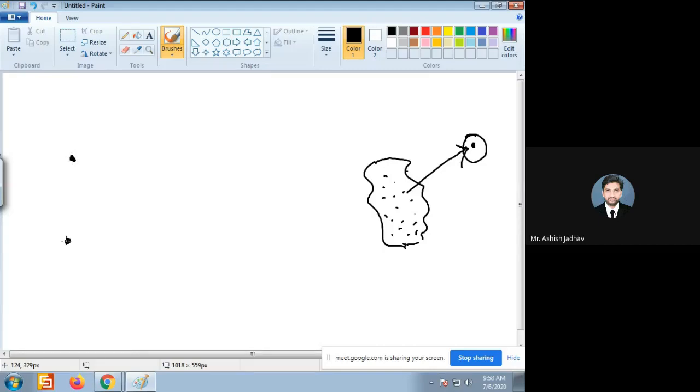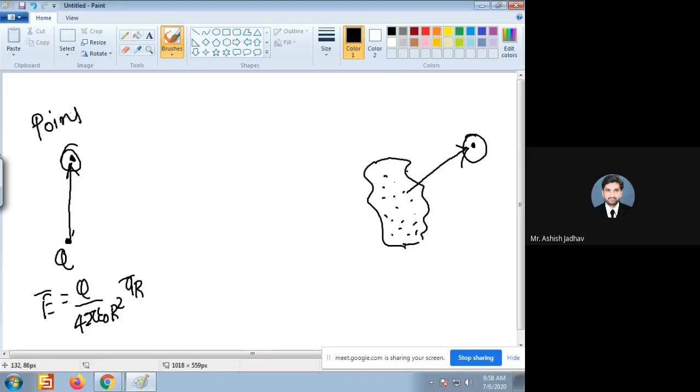The electric field intensity at a particular point because of a point charge Q can be calculated: E bar is equal to Q upon 4 pi epsilon naught R square a bar R, right?